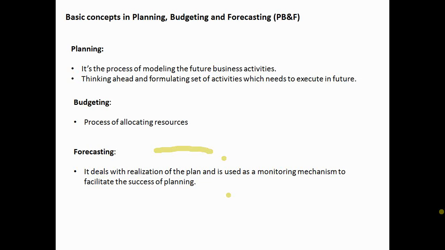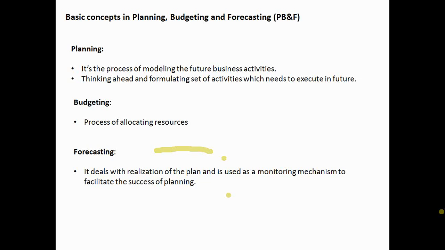Assume we found that something is going wrong and your planning execution is not meeting the expected results, which you found in the middle of the planning execution with the help of forecasting.